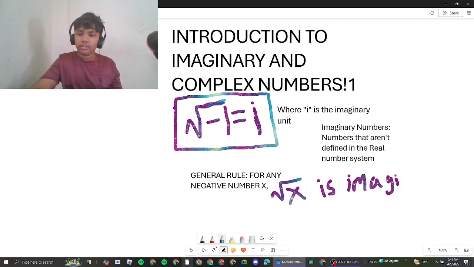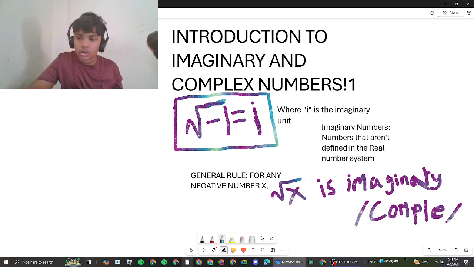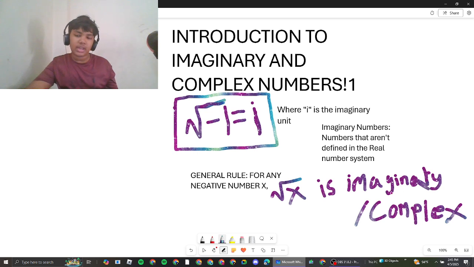We're going to get to that later also. So the square root of x, a negative number, is imaginary, or complex.